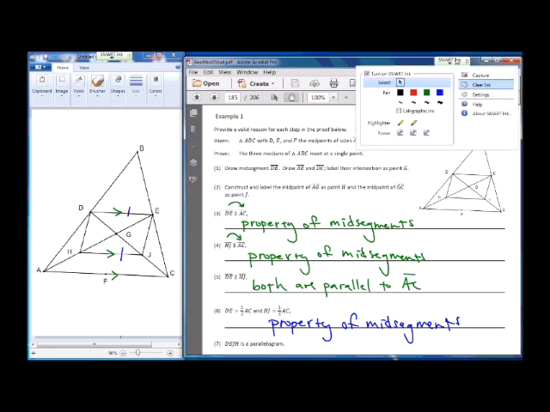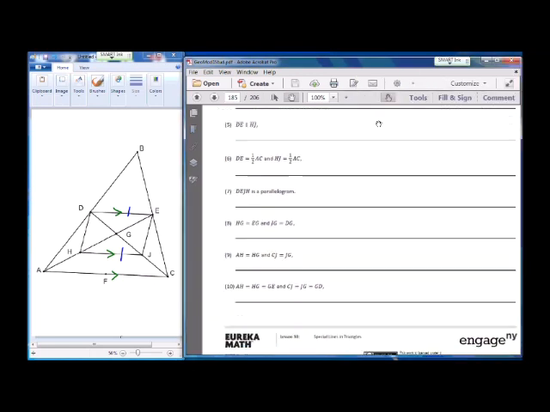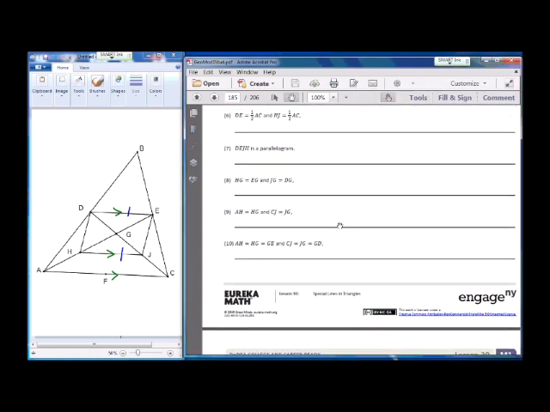Now I'm going to scroll up. Step 7 says that this quadrilateral DEJH is a parallelogram because it has two sides that are parallel and congruent. In step 8, we're using a property of parallelograms that we proved: the diagonals bisect each other. Let me draw on the diagram.